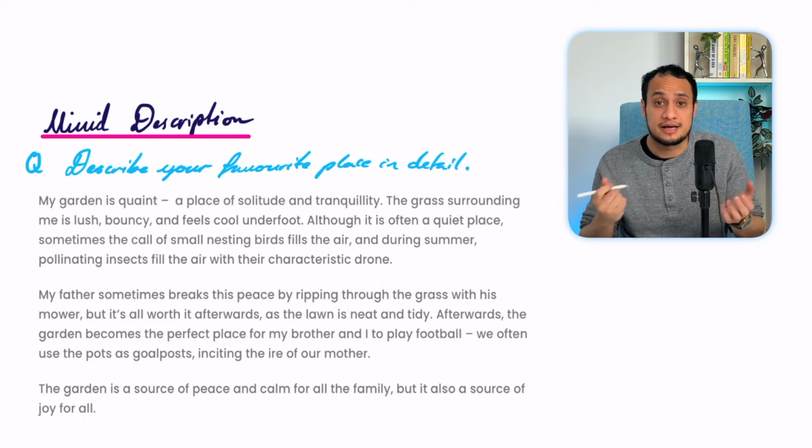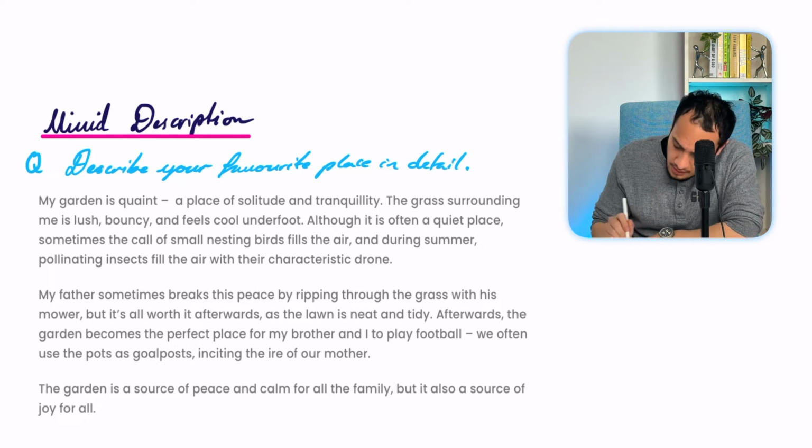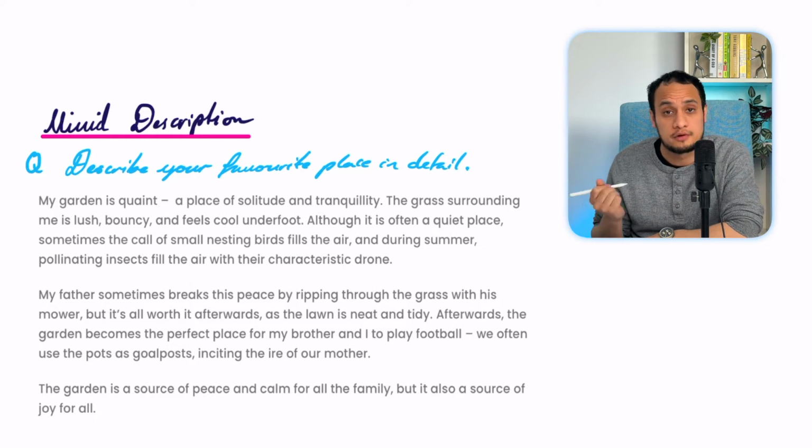Punctuation used creatively. The grass surrounding me is lush, bouncy, and feels cool underfoot. We've got a group of three there. Nice little technique. Although it is often a quiet place, sometimes the call of small nesting birds fills the air. And during summer, pollinating insects fill the air with their characteristic drone.